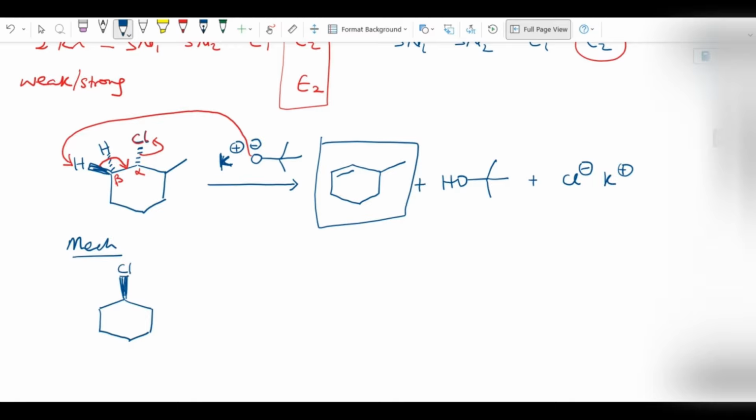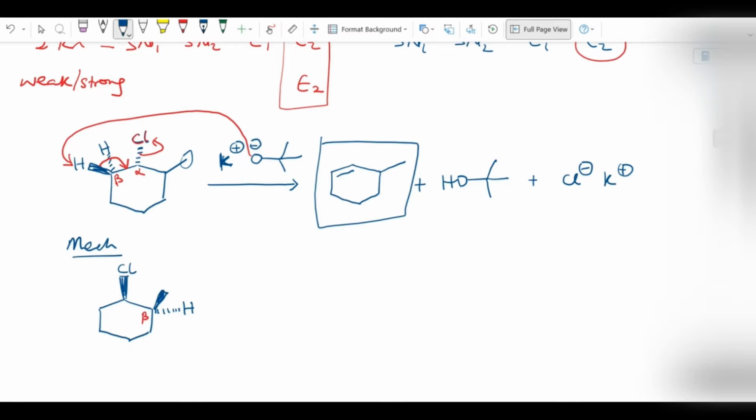I don't have to show stereochemistry, but I'm doing this just for explanation's sake. So if this chlorine is on a wedge bond, then the hydrogen that will be abstracted from this beta carbon has to be on the opposite stereochemistry. So that hydrogen has to be on a dash bond. That means this methyl group will be on a wedge bond.